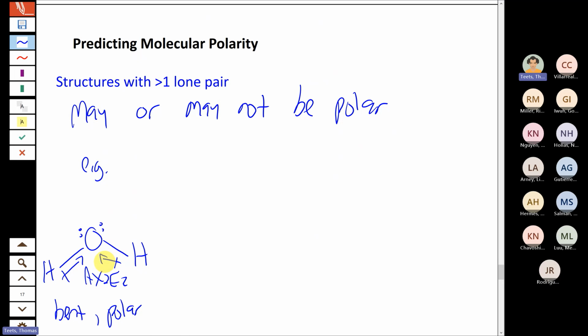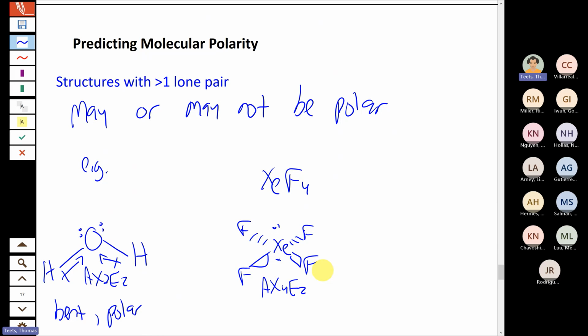So water is polar and has 2 lone pairs, but then there's another structure that we covered earlier today, xenon tetrafluoride, which also had 2 lone pairs. It had this square planar structure, AX4E2, and we don't really care about lone pairs when we're doing polarity.